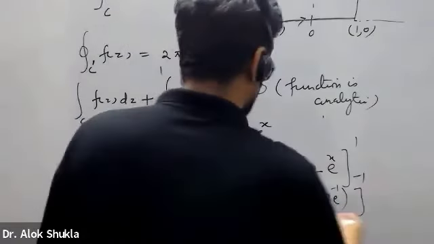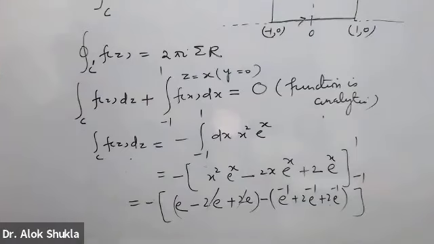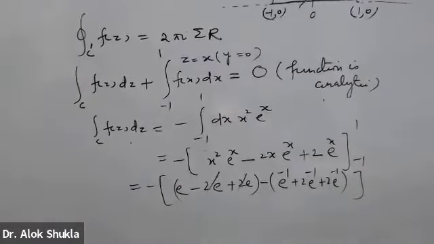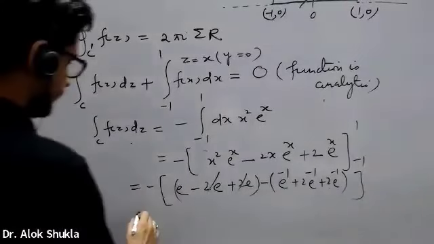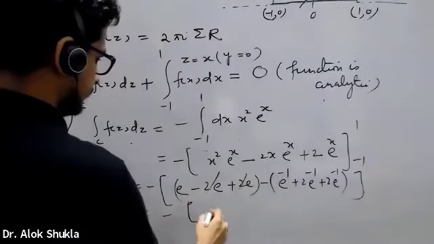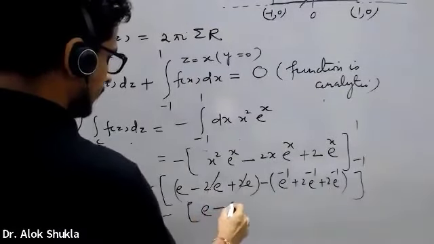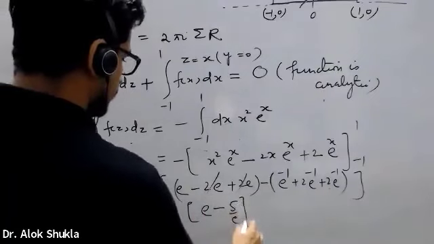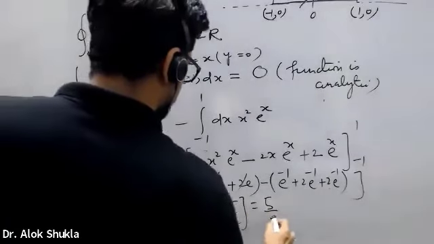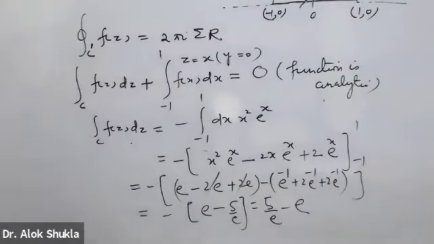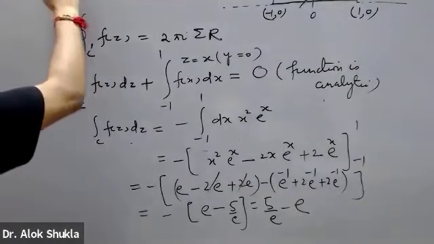This is the lower limit. This will be cancelled. So the value will become minus e minus 5 by e. So it will be 5 by e minus e. Please see this. This is a very nice question, actually one of the previous year's questions.